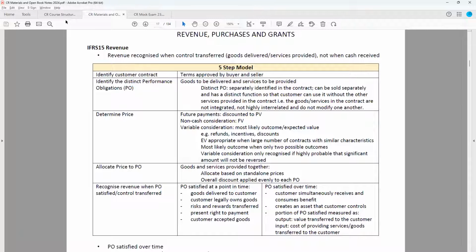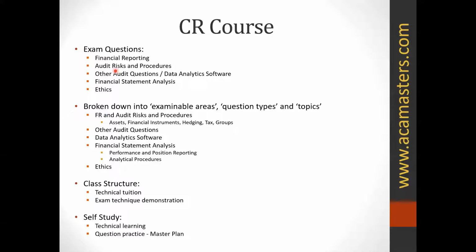So we can then move on to revenue, but we're just using the same approach every time. During the class, I'll teach you the key technical content in a nice, easy to understand way. I'll then work through some recent questions on revenue, showing you how to apply that content and the exam technique to use.